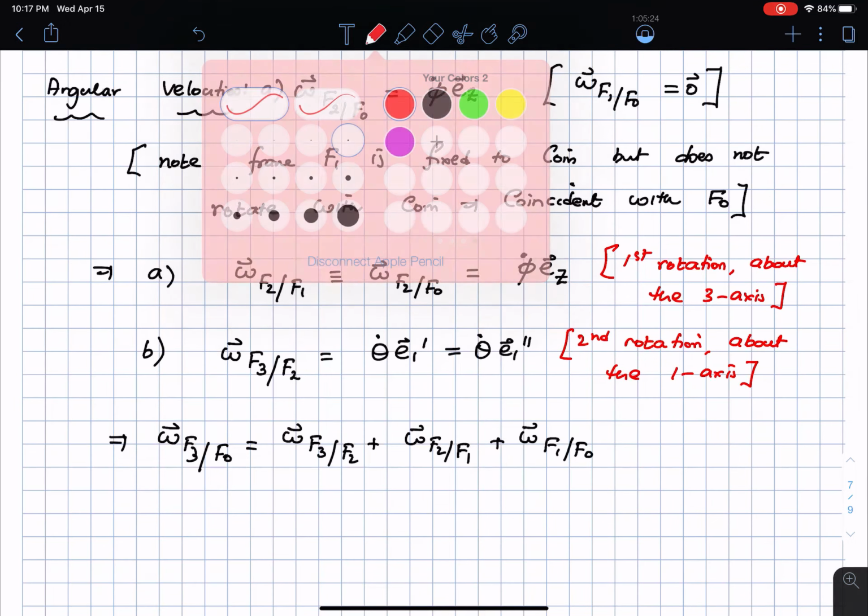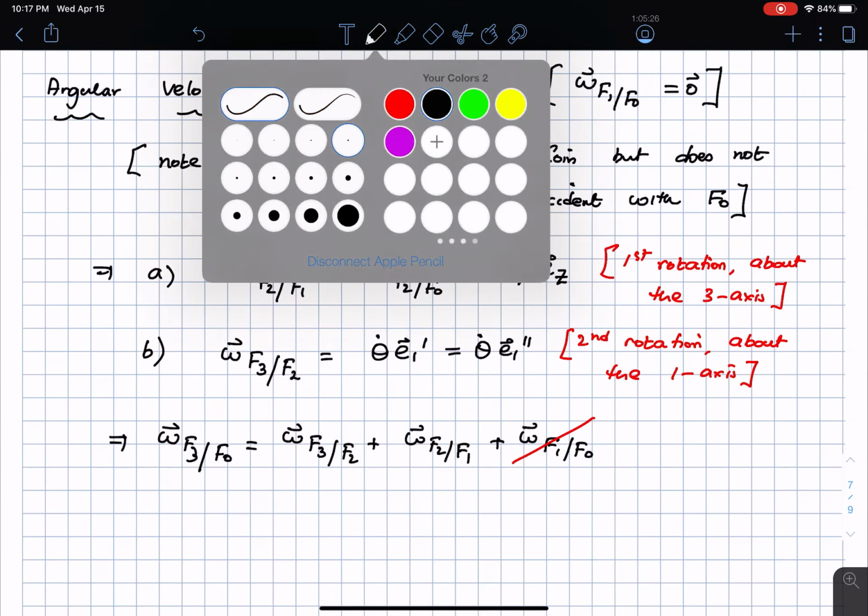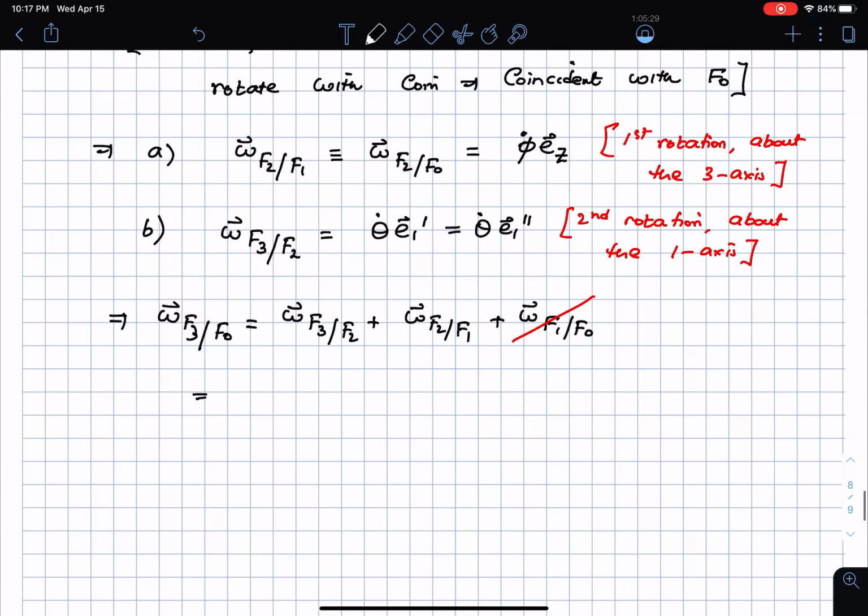Of course, F1 with respect to F0 is 0, which tells me that omega of F3 with respect to F0 is phi dot in the Ez plus theta dot in the E1 prime direction. Phi dot in the Ez is the same as E3 prime, so you can leave it that way, or write it as theta dot in the E1 double prime direction. That's the same thing.